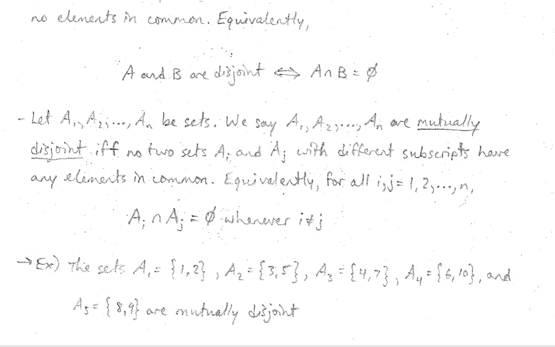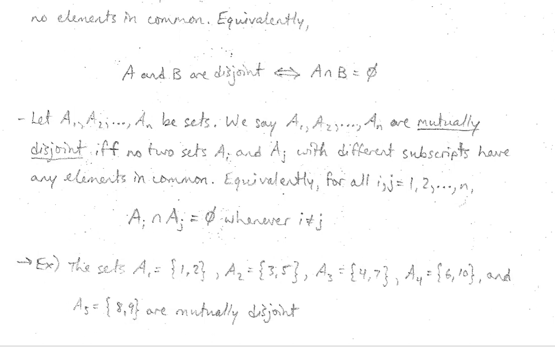If I pick any two distinct sets here and take their intersection, I would get the empty set in every possible case. Give me A1 and A3, A5 and A4, A2 and A3, A1 and A5. Every possible choice of two sets, if I take their intersection, I would get the empty set.